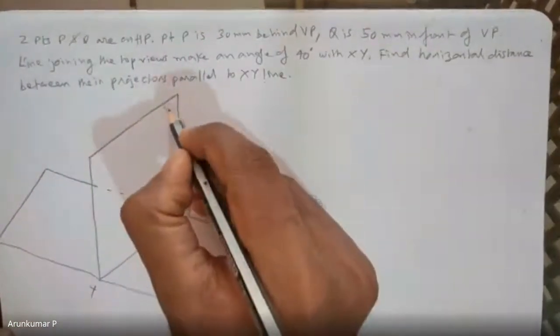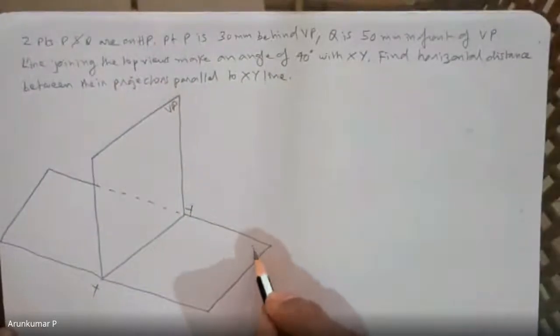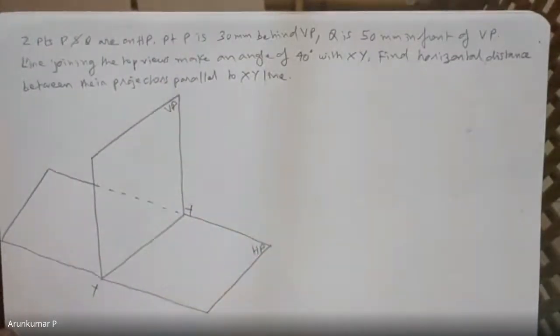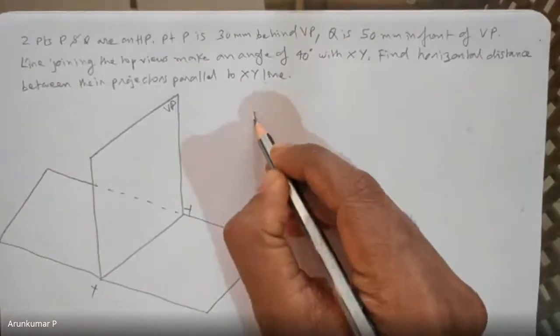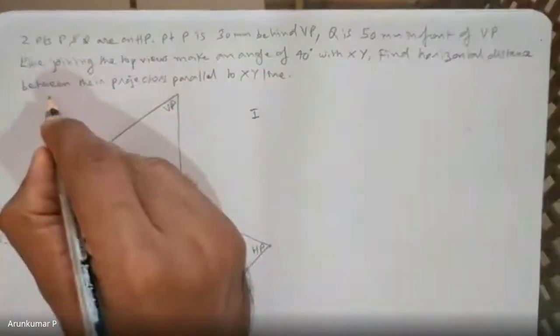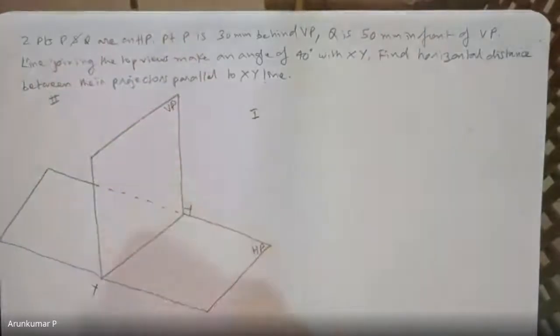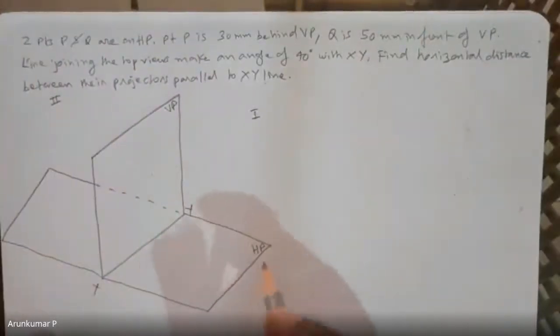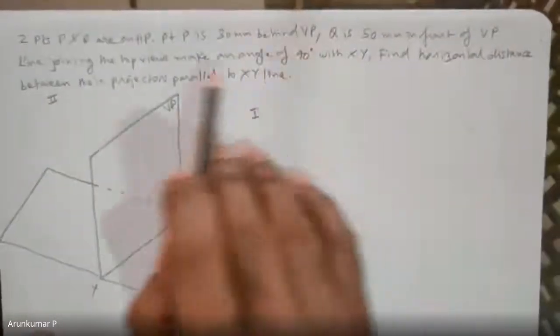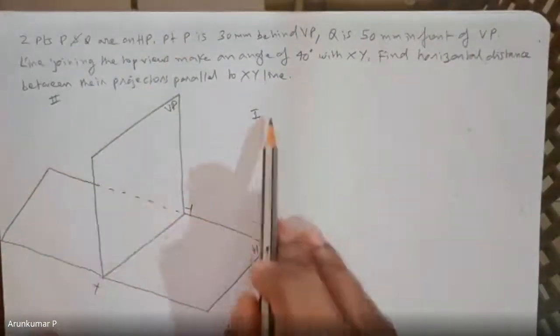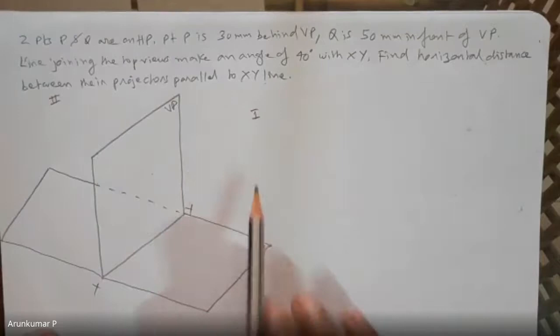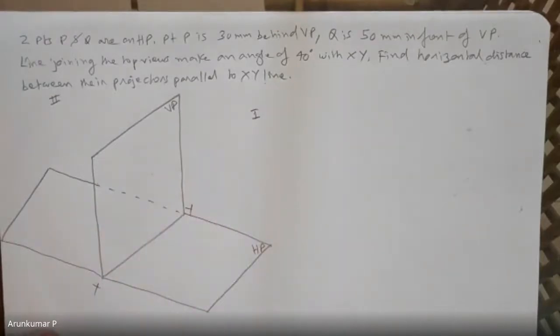XY line, VP, HP. So we are dealing with the first quadrant and the second quadrant. From the values that we have, it is very clear that P is in the second quadrant and Q is in the first quadrant.